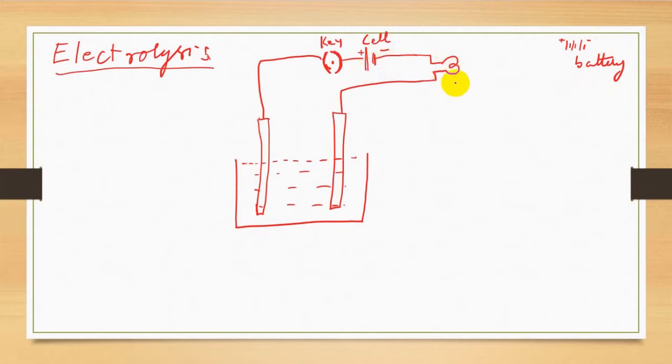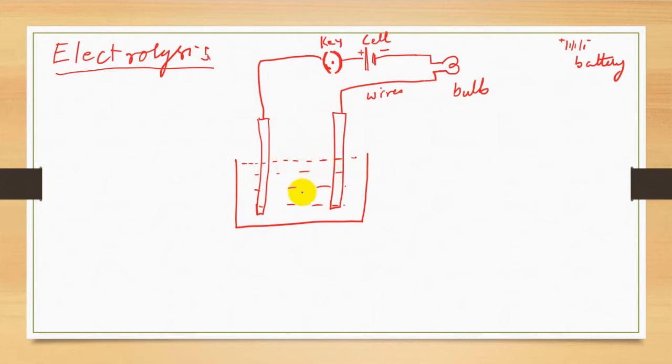This symbol is for a bulb. The straight lines which are joining here and there, they all are wires, isn't it? And then the two rods are there and the liquid is there.